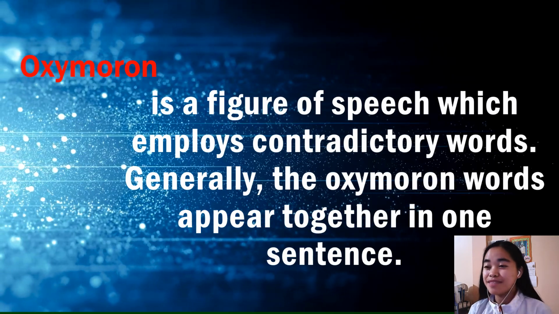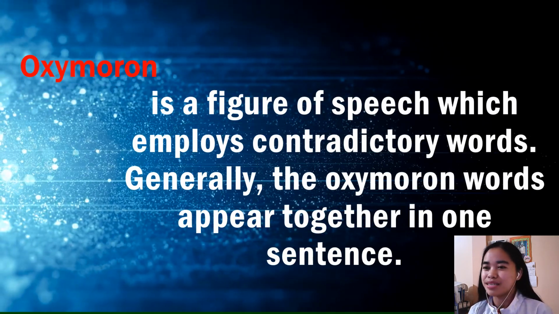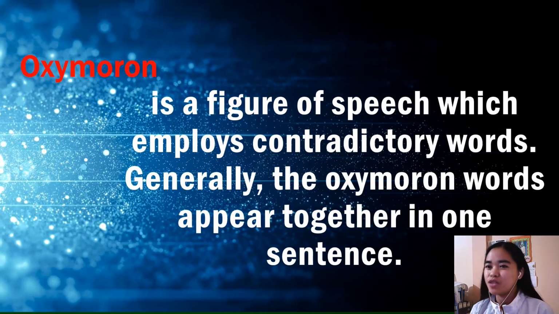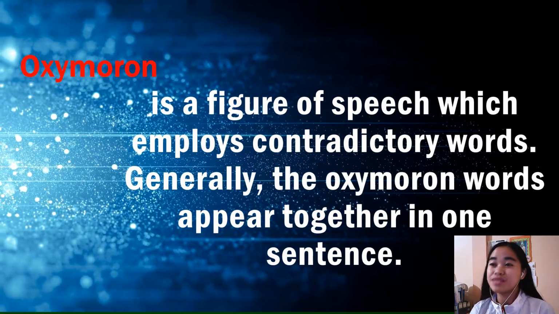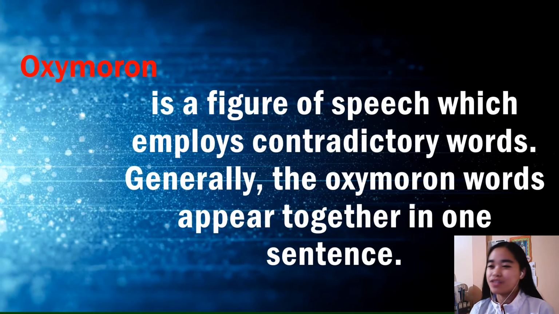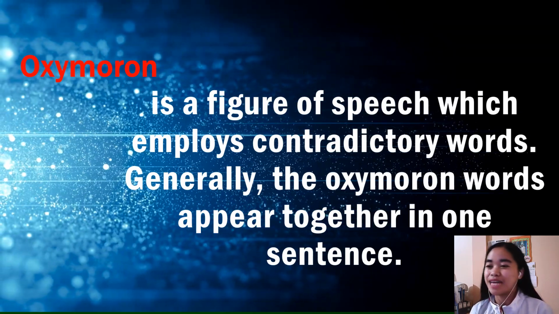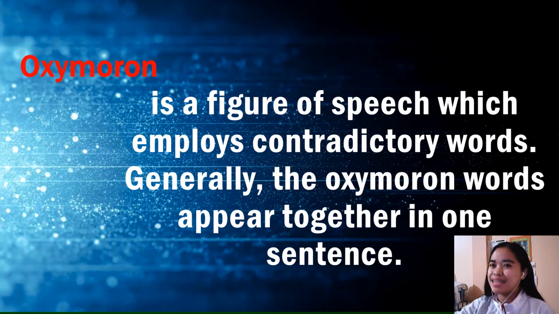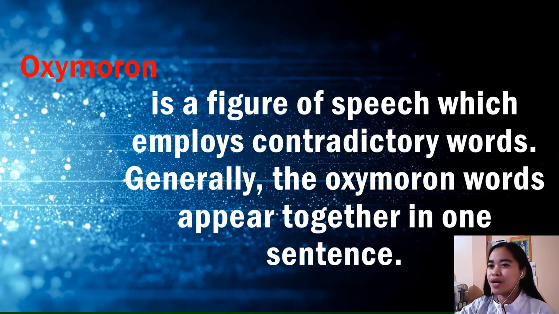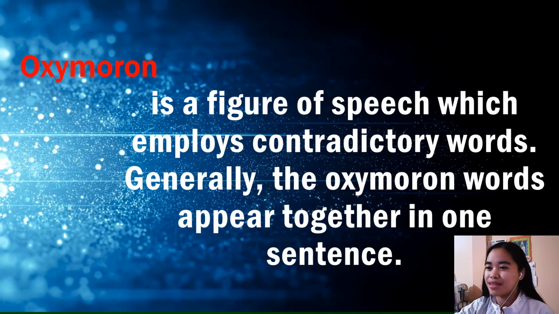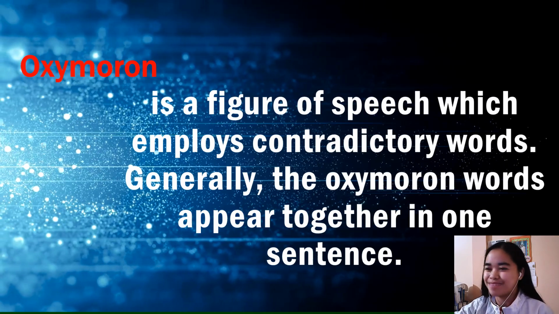So as we have said, when we say oxymoron, it is a figure of speech which employs contradictory words. Generally, these words appear together in one sentence. So I hope we are already clear with the concept of oxymoron.